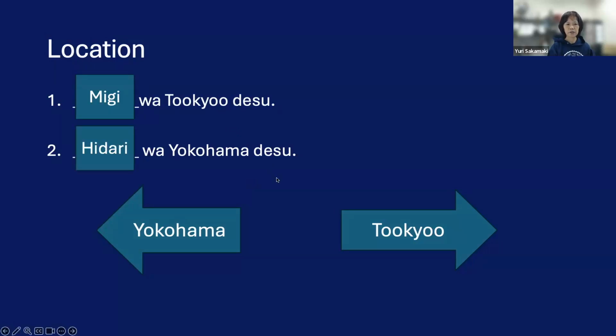And then the opposite will be 左は横浜です. You can also talk about Tokyo, because this one, you're talking about the right direction. That's because the は indicates the topic. So as for the right direction, it is Tokyo. And as for the left direction, it is Yokohama. But you can also say, Tokyo は右です. 横浜は左です. That's fine too.